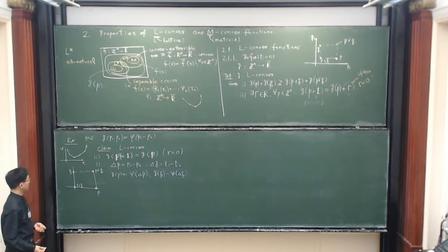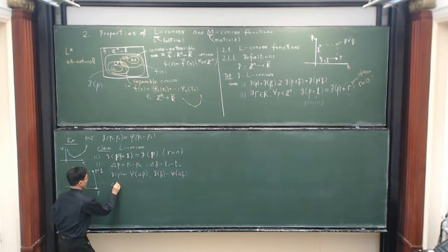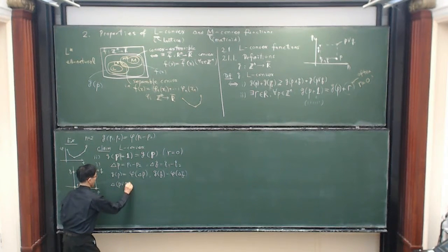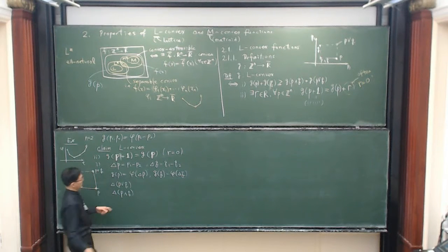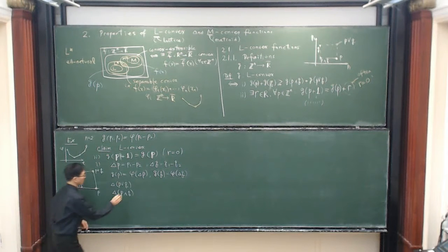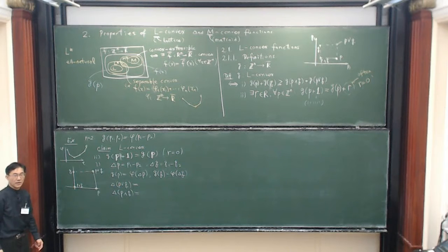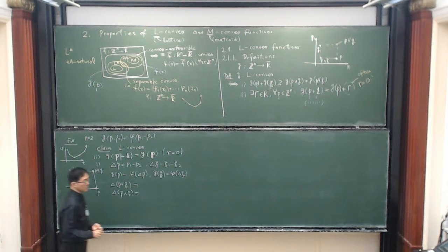Now, what is delta of P join Q and delta of P meet Q? The crucial observation is simple: there exists some number. So you draw this picture.